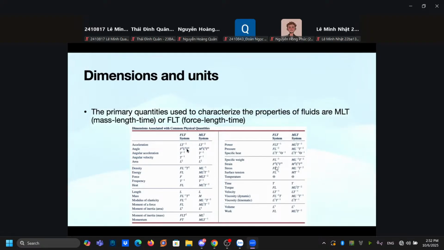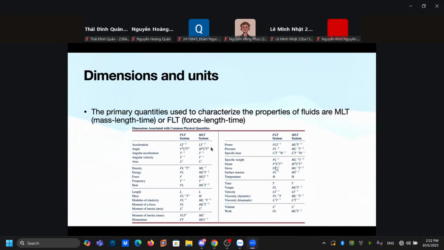If you cannot write directly the dimension of a parameter, I suggest that you start with the units of the parameter and then convert that to the dimension.